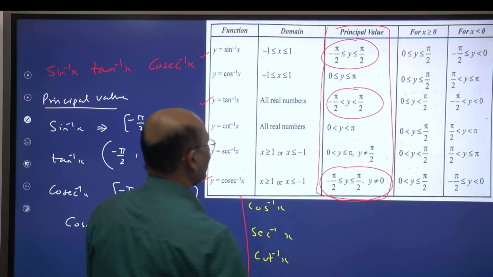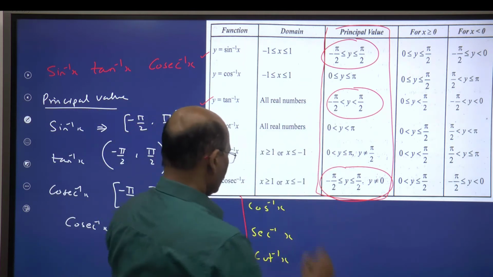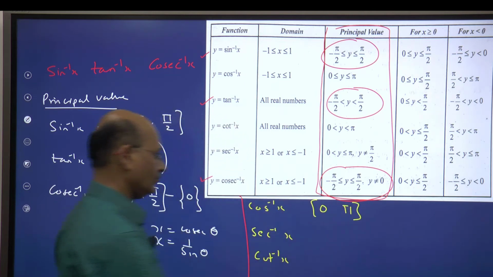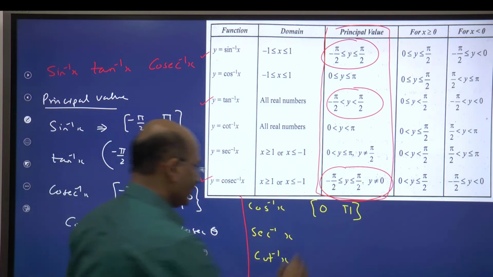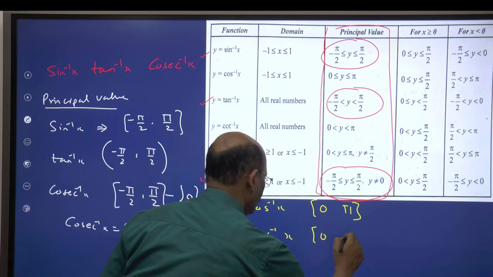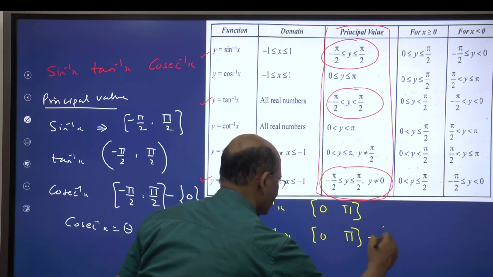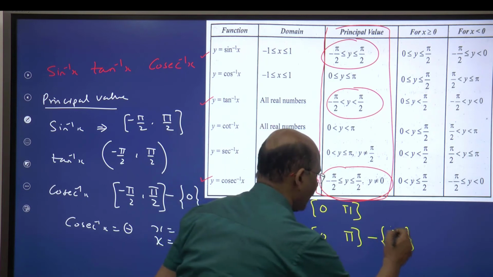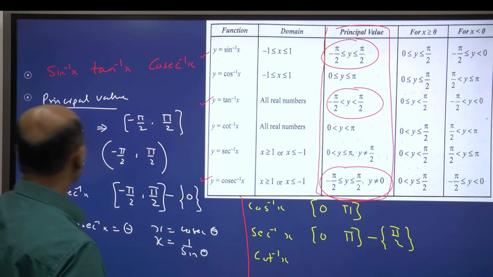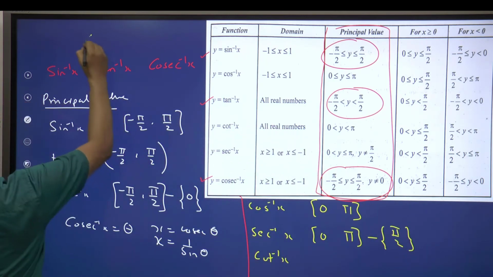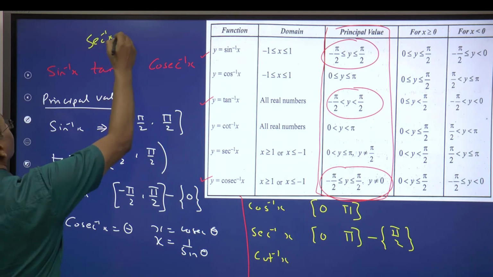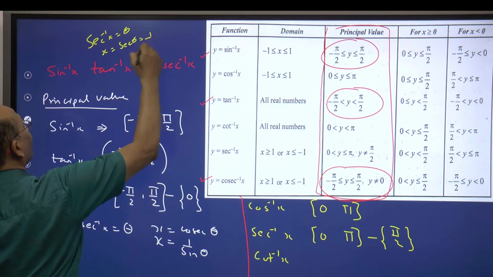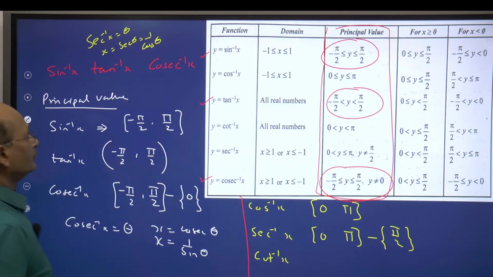So the principal value, if you look, is 0 to pi. For sec inverse x, it is 0 to pi minus pi by 2. Now you might ask me, sir, how did I get this? Very simple. See, sec inverse x is equal to theta, so x equals sec theta. Sec theta is 1 upon cos theta.